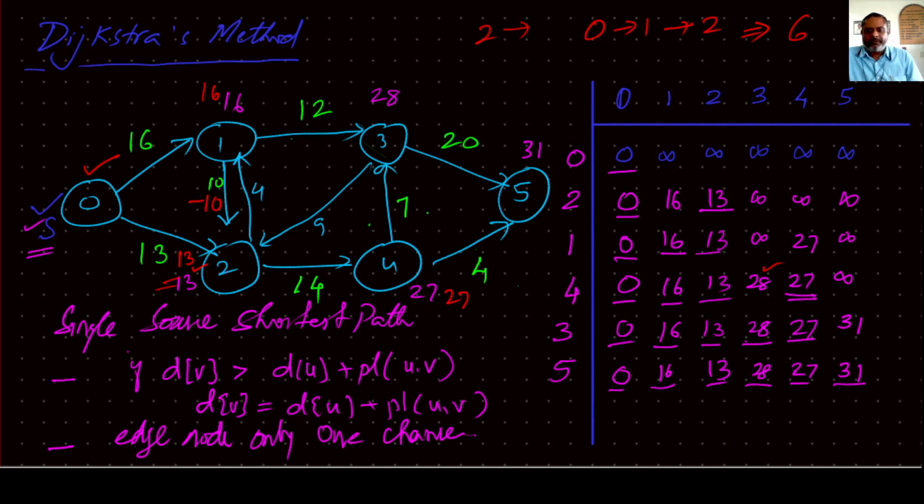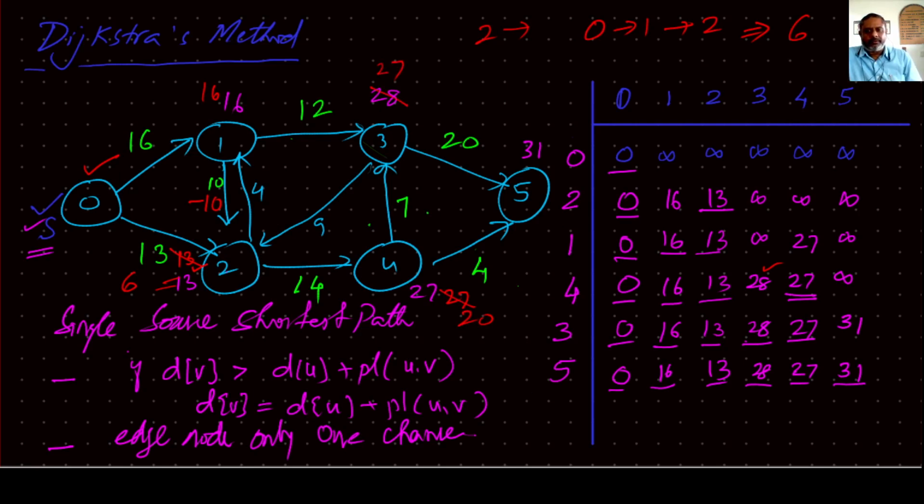Now if we had allowed the changes, then we would have made this 16 minus 10 as 6, and the next time this 6 plus 14 would have become 20, 20 plus 7 would have become 27. Instead of 28 we could have gone for 27.